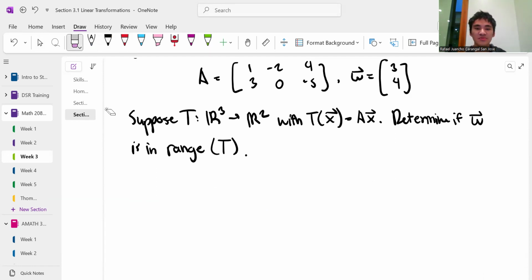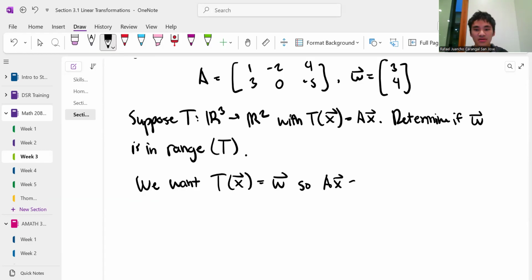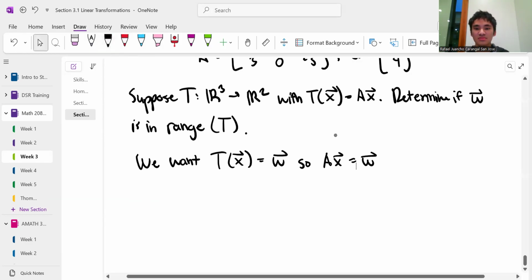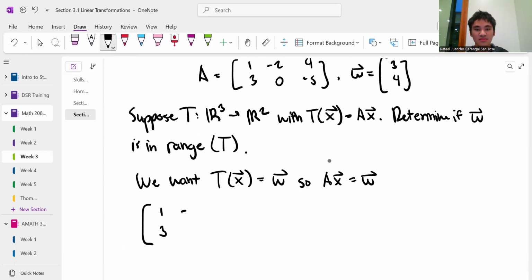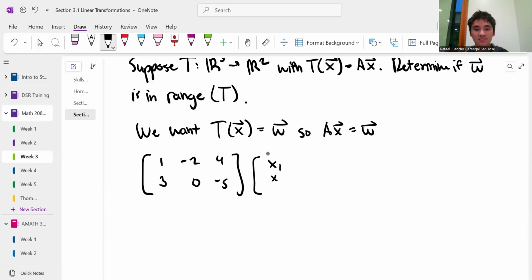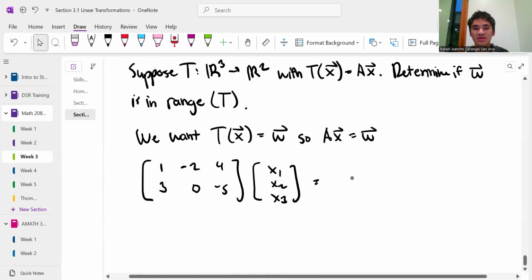So I had to make a new variable. So we want T of X is equal to W. So AX equals W. So that is this matrix here, 1, 3, negative 2, 0, 4, negative 5 times 3 things, which is equal to W, 3, 4.